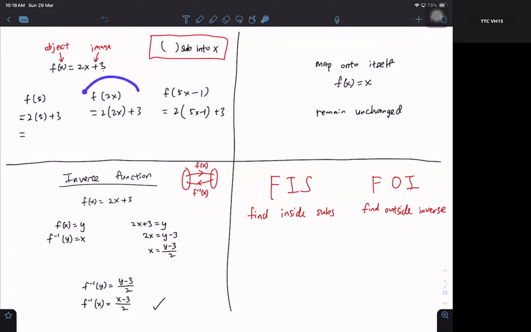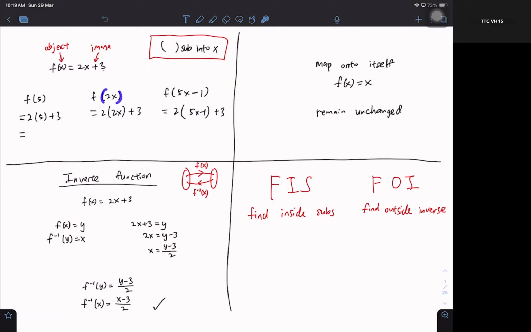But when it comes to this one, some people get confused. But I tell you what, don't get confused. Your job is always the same: take the bracket sub into x. That's the most important thing in function, okay? So let's say, for example, the question is f(2x). I don't care whether the bracket is big or small.